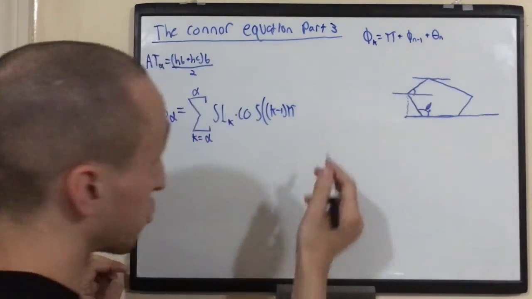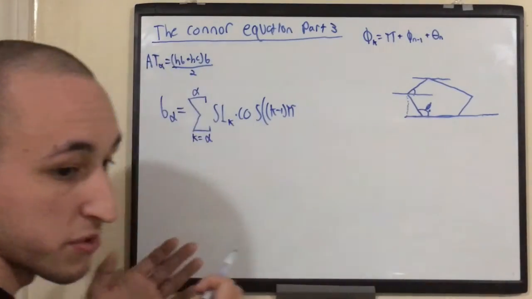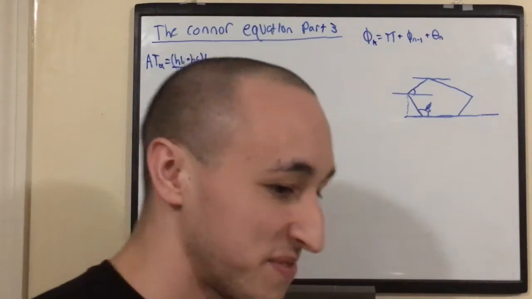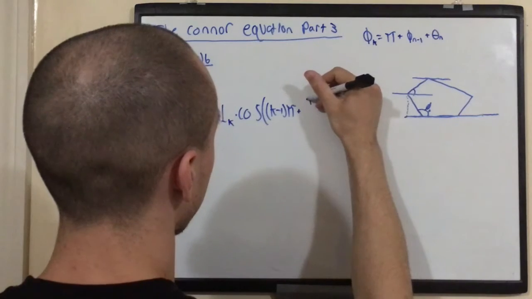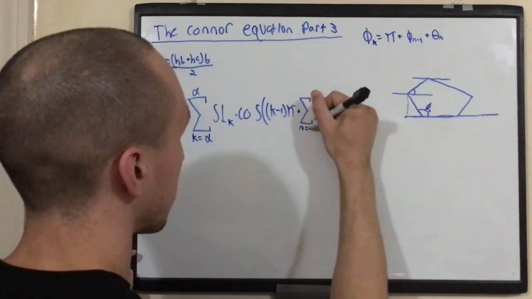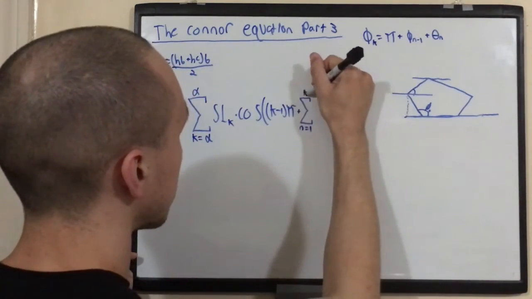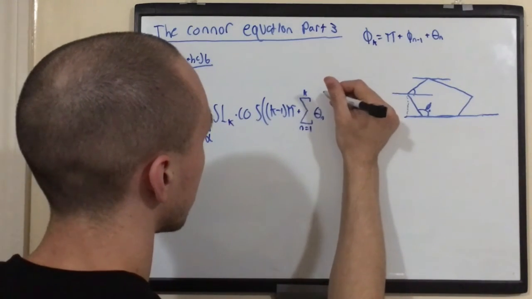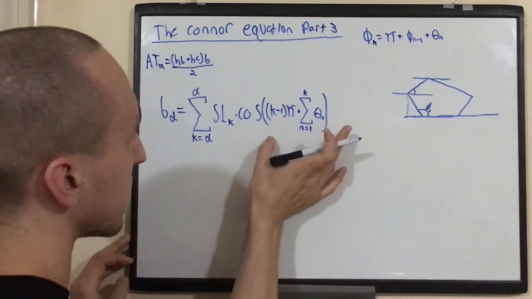To transfer this into something we can use, this is what I have to do: plus summation notation, n equals 1. Our starting point is 1, the first phi, and then this is K, and then it's just theta n. And we close the parentheses. That's what we're taking the cosine of.